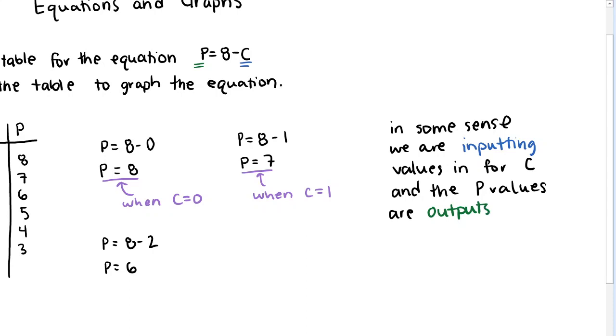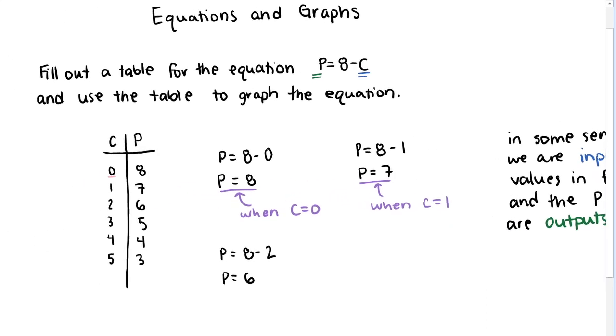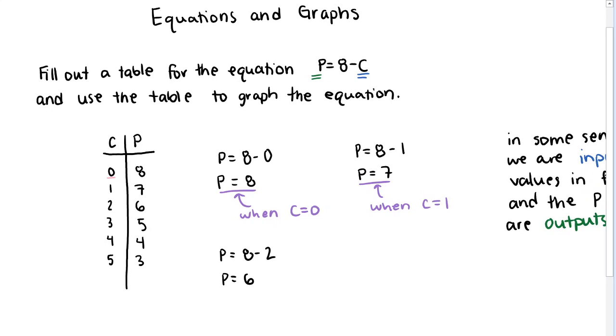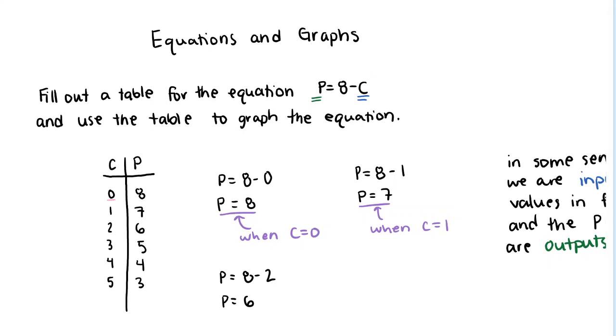Usually when we're dealing with an equation with two variables, and it's set up in this format where one of the variables is alone, we think of it as the second variable, and the variable that's more in the expression, we think of as the first variable. We like to call that first variable the input variable.